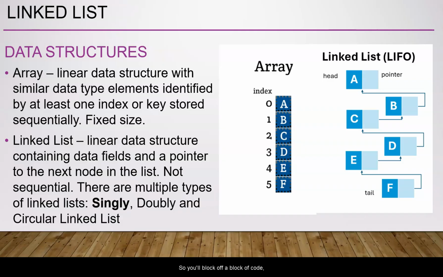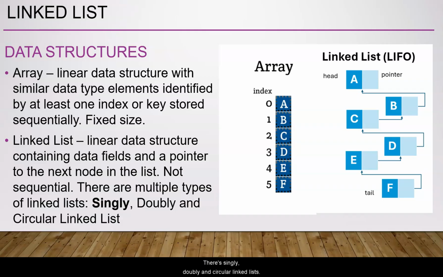So you'll block off a block of memory when you need it, and then you'll point to a new section of memory when you need to add more data. And so data is not necessarily sequential, but it is linked, hence the name linked list. It can start off sequential, depending upon where you're putting it in memory, but eventually it will end up not being sequential.